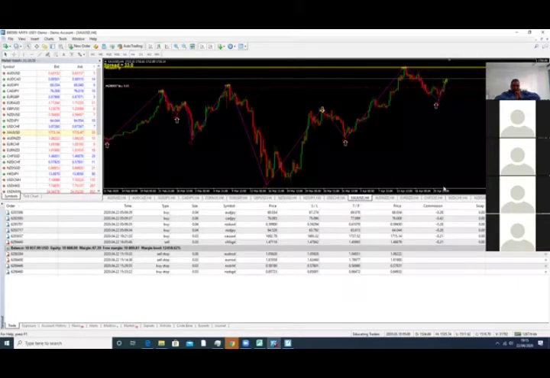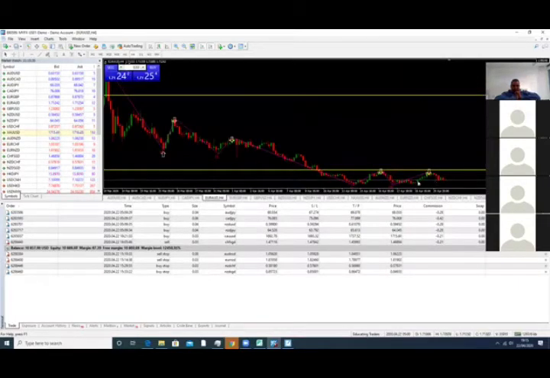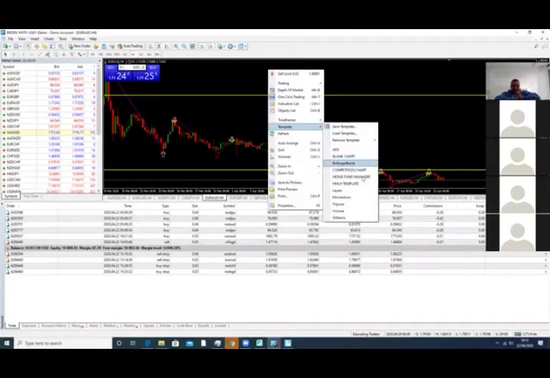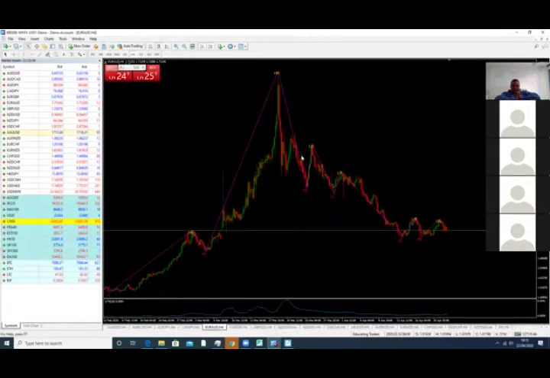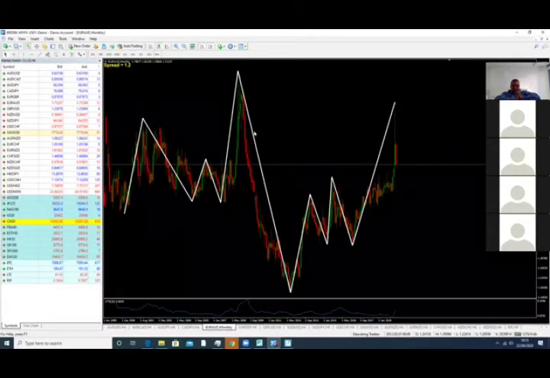This was a trade that I was in, and it closed out when I got stopped out. But I'm going to show you from the start how I look at my chart. This is my initial chart, my template, and what I do is draw my supply and demand zones.